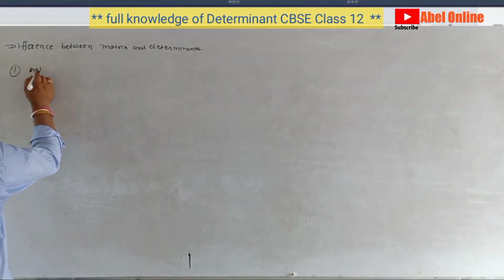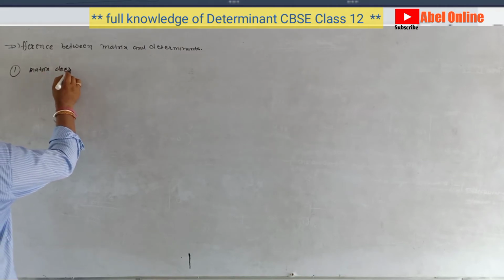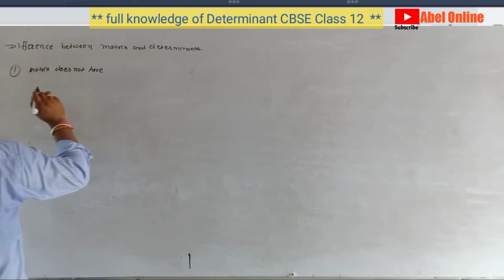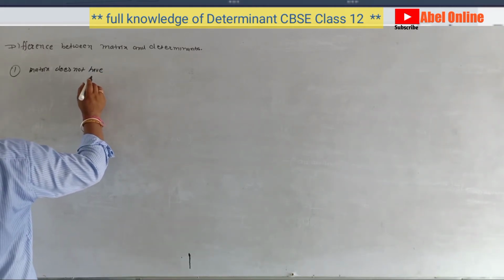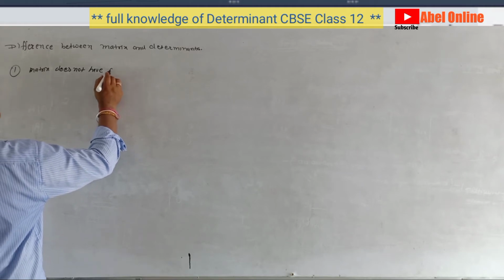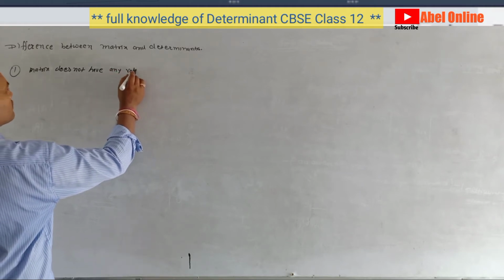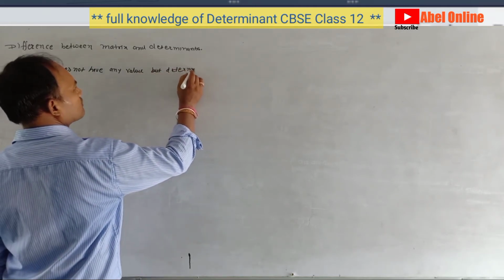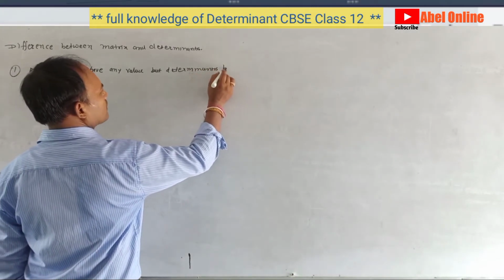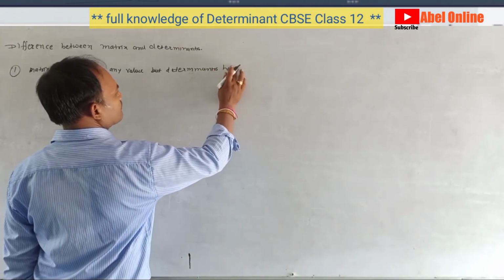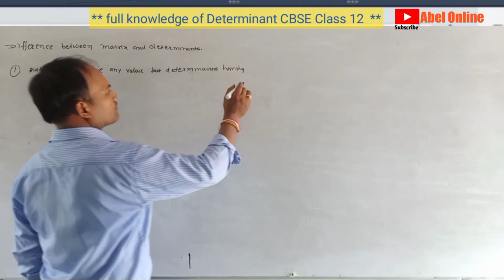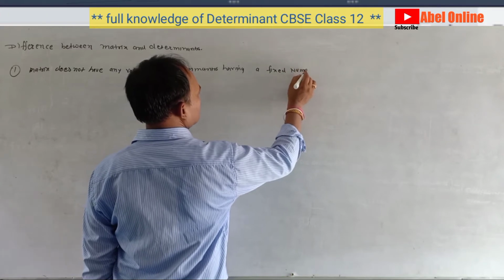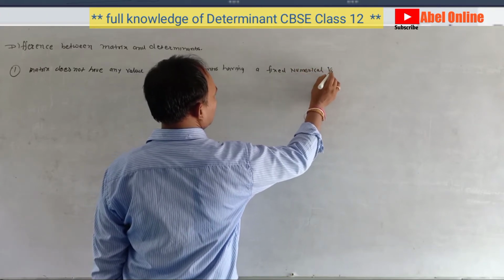Matrix does not have any value, but determinant is having a fixed numerical value.